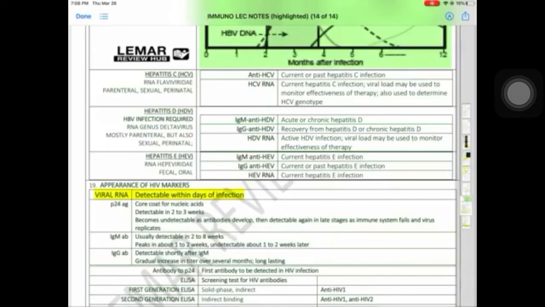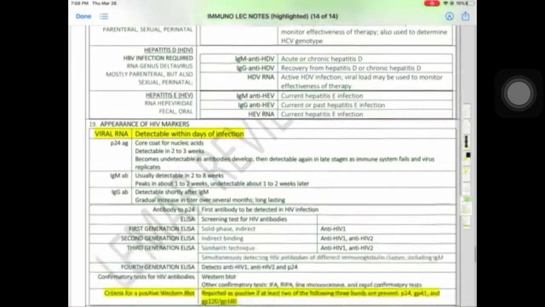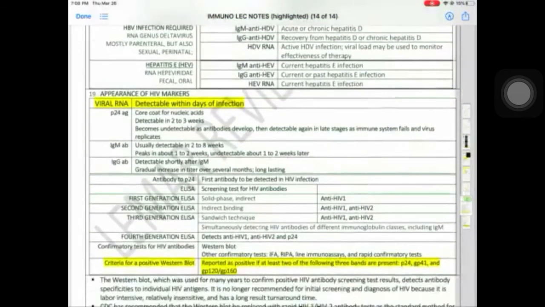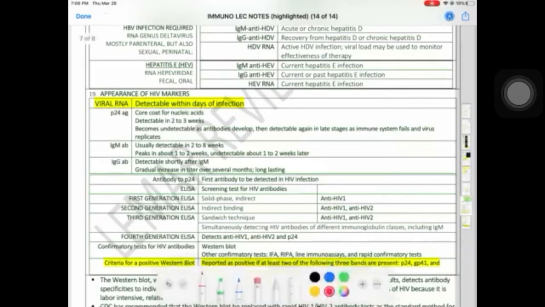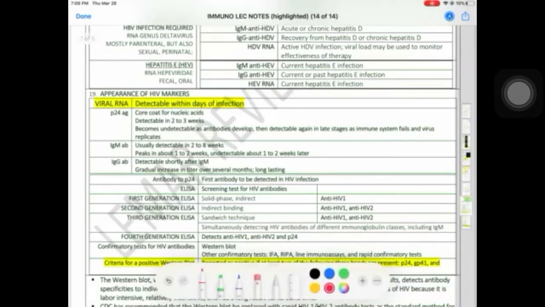Ito po, favorite ko po to. Yung sa HIV. Pag tinanong po tayo, first marker to appear in HIV infection, palagi ko baka yung iba sasagot ng P24 or anti-P24, pero pag nandun po yung viral RNA, ito po yung first marker to be detected.